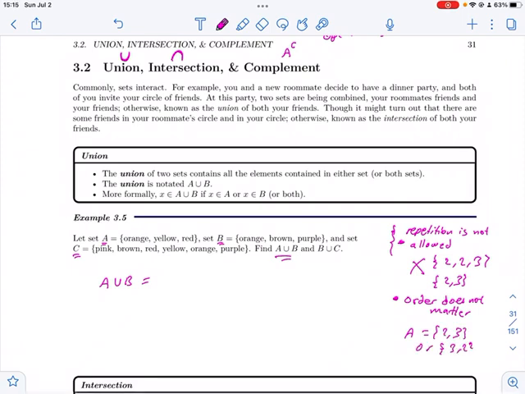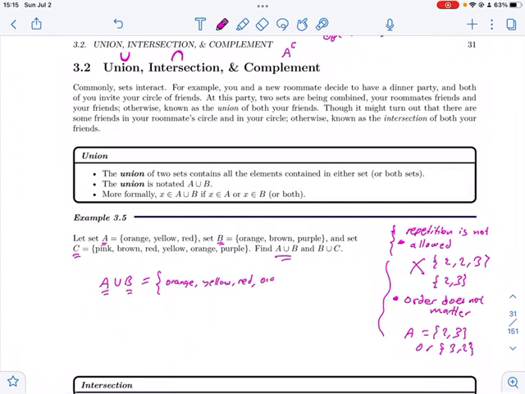So when we make union A with B, A consists of orange, yellow, and red. Now we want to add to this set the set B: orange, brown, and purple. But as you can see here, we have orange written twice.